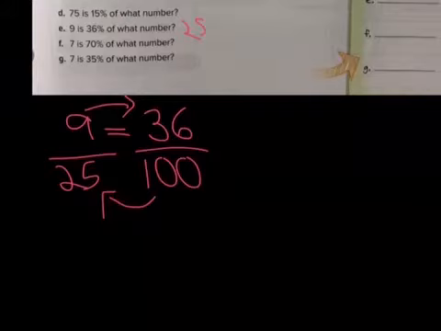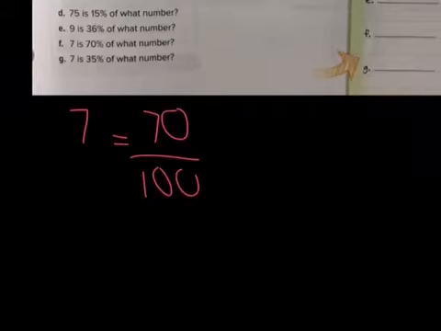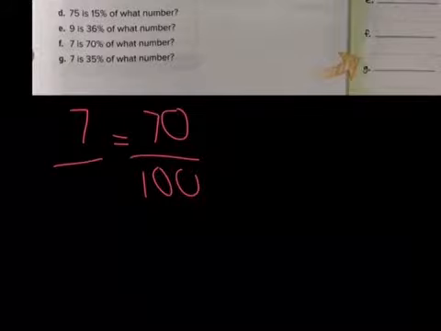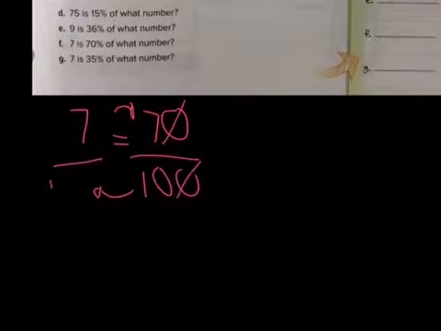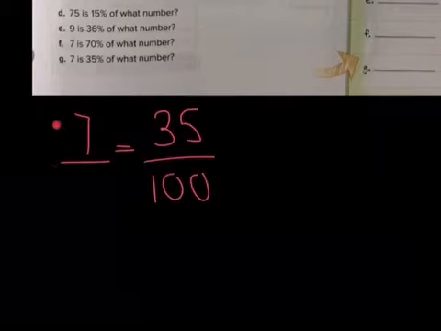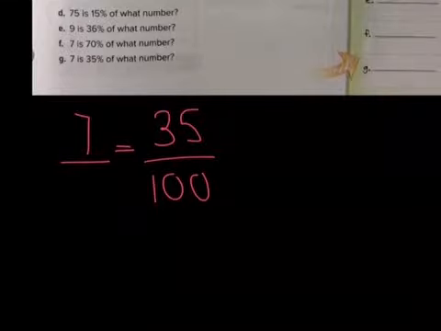7 is 70%. This one seems a little easier than the other ones, right? What did I do to the 7? Do the same thing this way. All I can see is all I did was take off a 0, so I take off a 0 and it makes it a nice easy 10, right? So F is 10. And finally G. 7 is 35%, right?